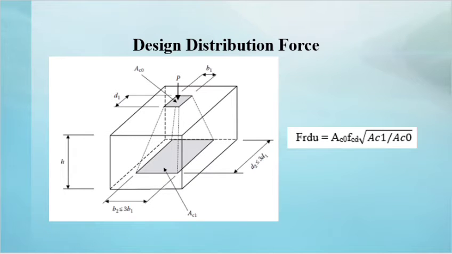Then after that, this is how we get the design distribution force by using this formula. Ac0 is the steel plate, while Ac1 is the area on the anchorage.